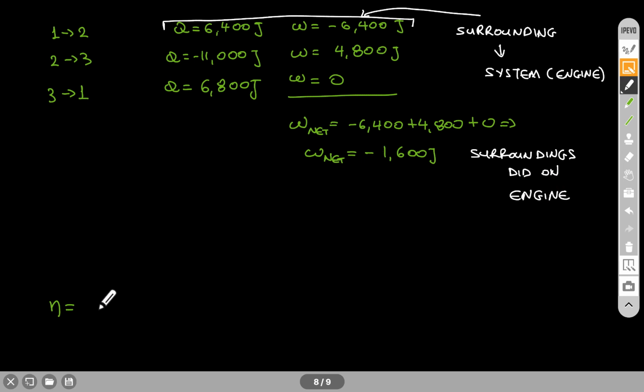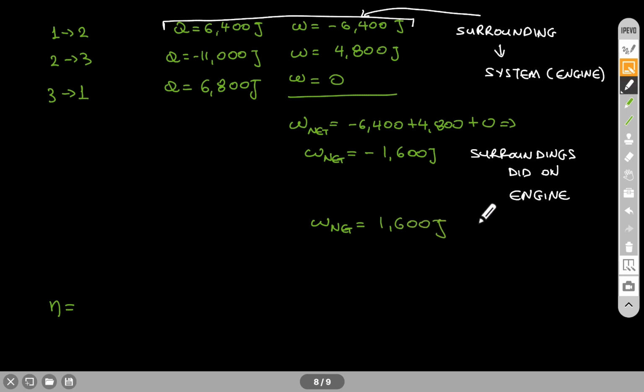Now, to find efficiency, I don't need to know how much work the surroundings did on the engine. I need to know how much work the engine did, and to find that, I need to include a minus sign. So the work that the engine did is 1,600 joules.